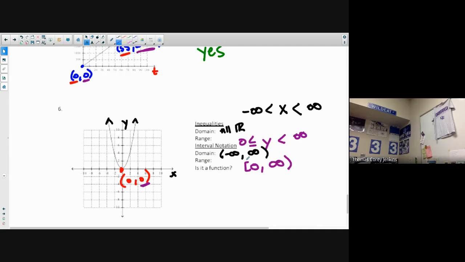So this one's nice because I have the bracket and the parentheses. So it kind of highlights the difference there. All right, and lastly, is it a function? I don't see any vertical line I could draw that would touch in more than one place. So this would be a yes. It also passes the vertical line test, so it's a function.